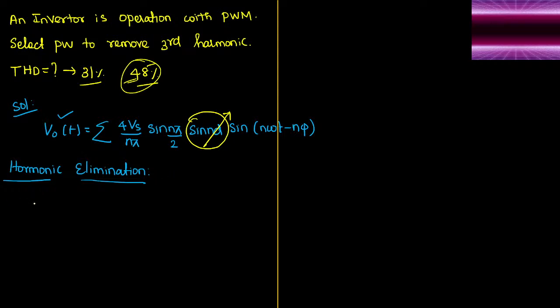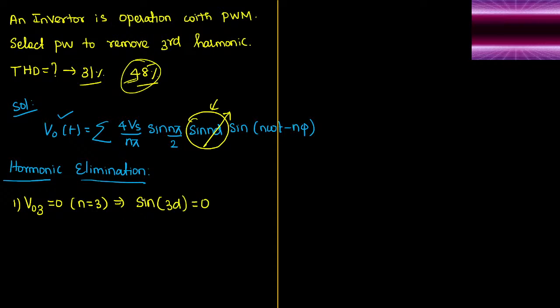If you want to make the output third harmonic voltage 0, then the value of n equals 3. Just as an example, we take the factor sine of 3 times d. This value must be equal to 0.